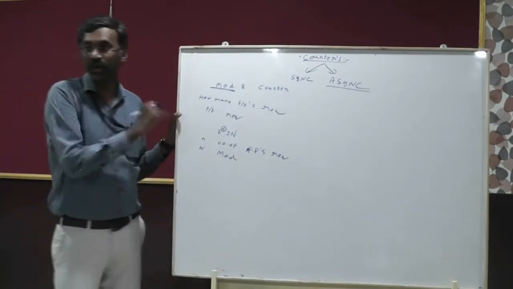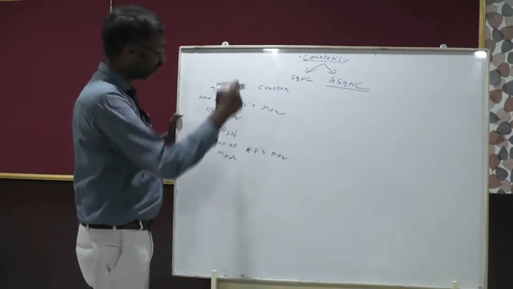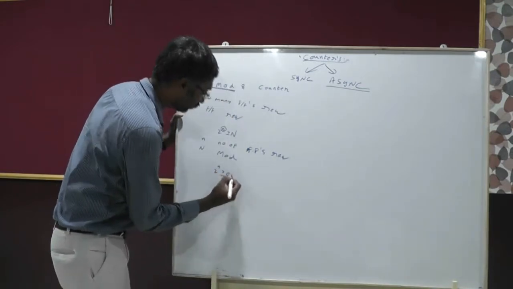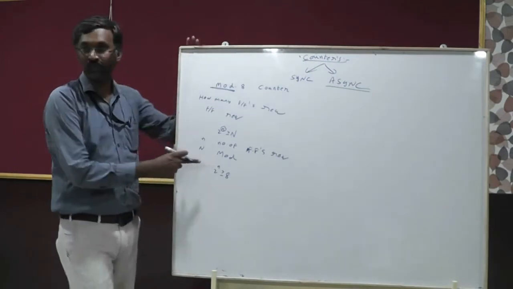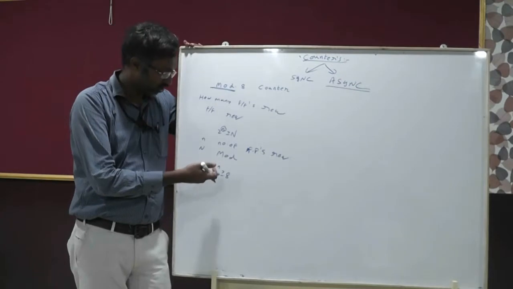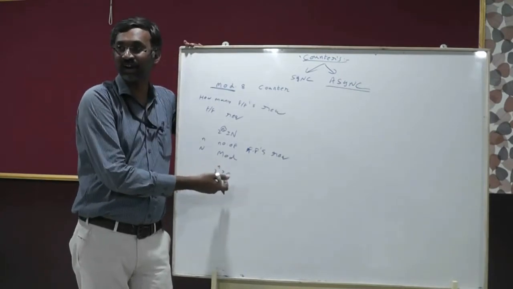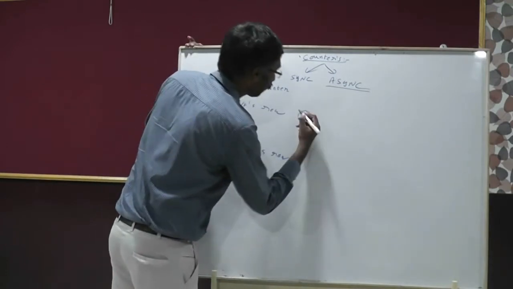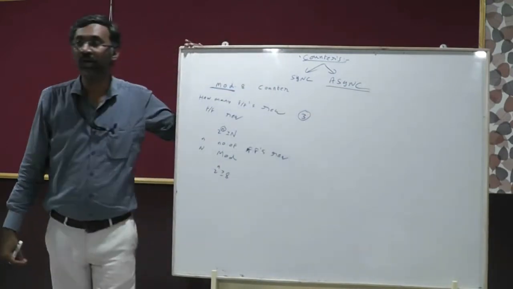We need to remember this. So what is the capital N value here? The capital N value should be 8. If you substitute 1, is this condition satisfied? No. 2? No. 3? Yes. 8 is greater than or equal to 8. So how many flip-flops are required? 3.